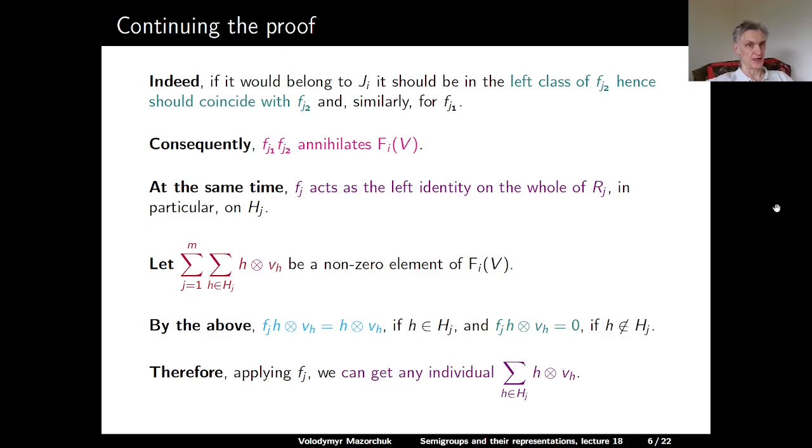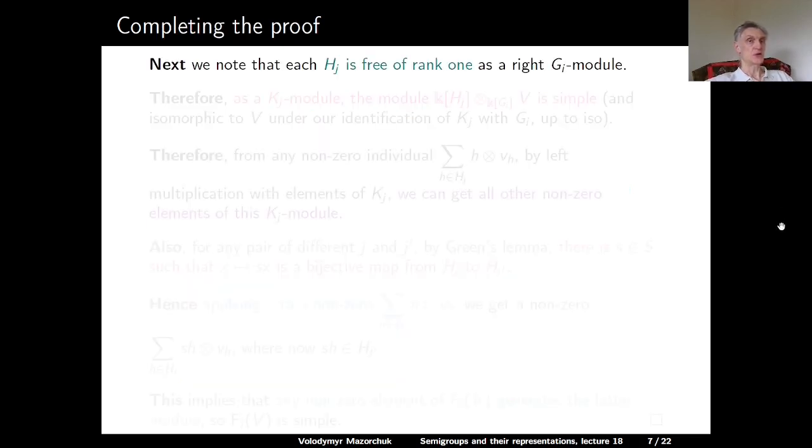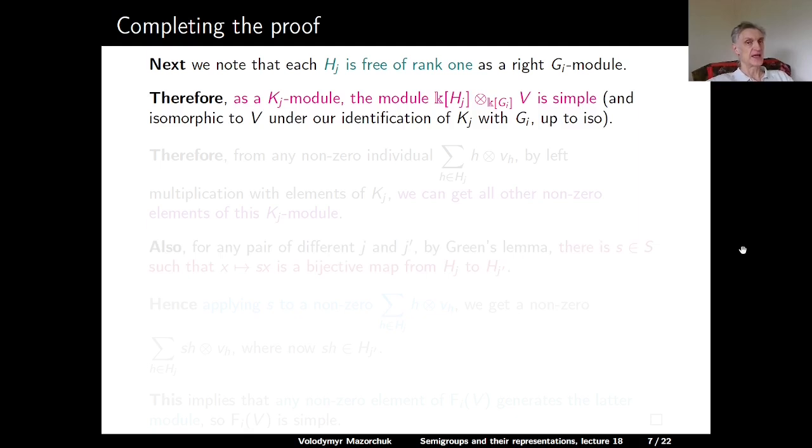Next, we know that each Hj is free of rank 1 as a module over K of Gi. Therefore, as a Kj module, the module when we tensor K of Hj over K of Gi with v is just a copy of the module v, but now considered as a module for our group Kj instead of Gi.